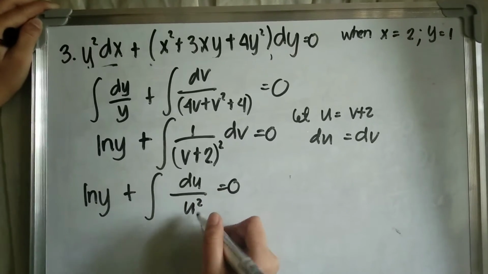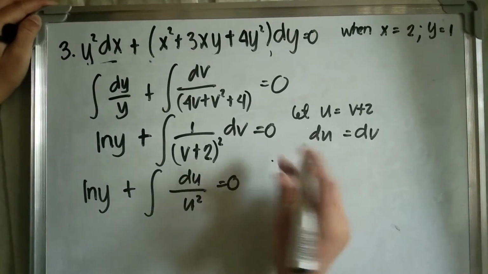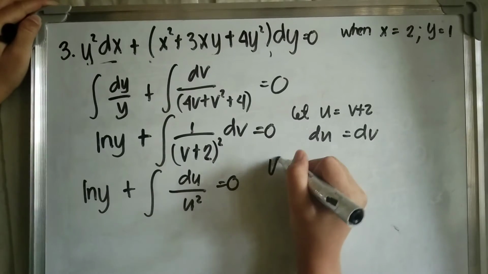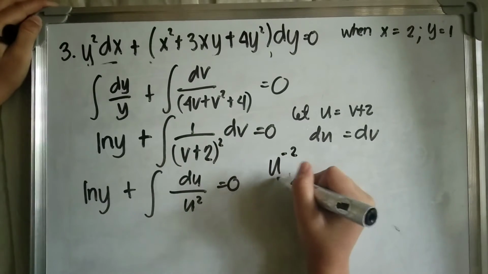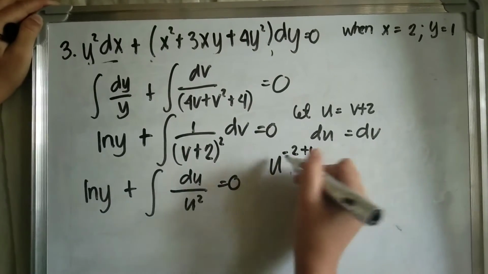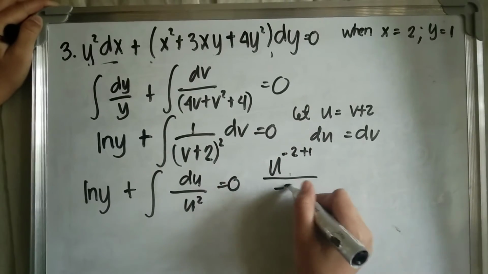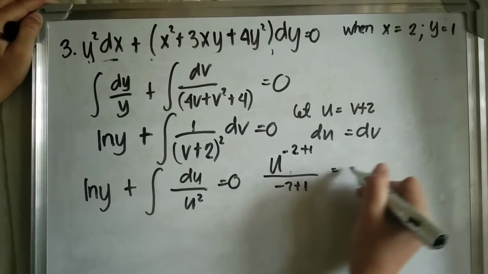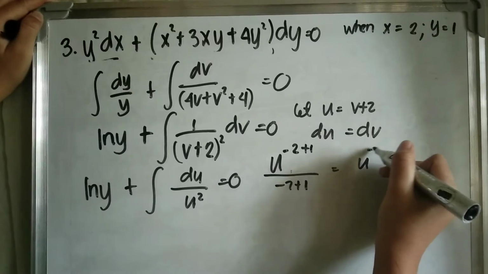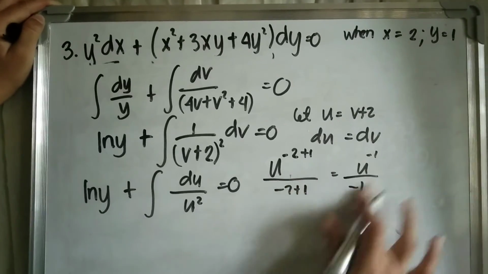So the integral of du over u squared, so u raised to the power of negative 2 plus 1 over negative 2 plus 1. So this will become u raised to the power of negative 1 over negative 1.